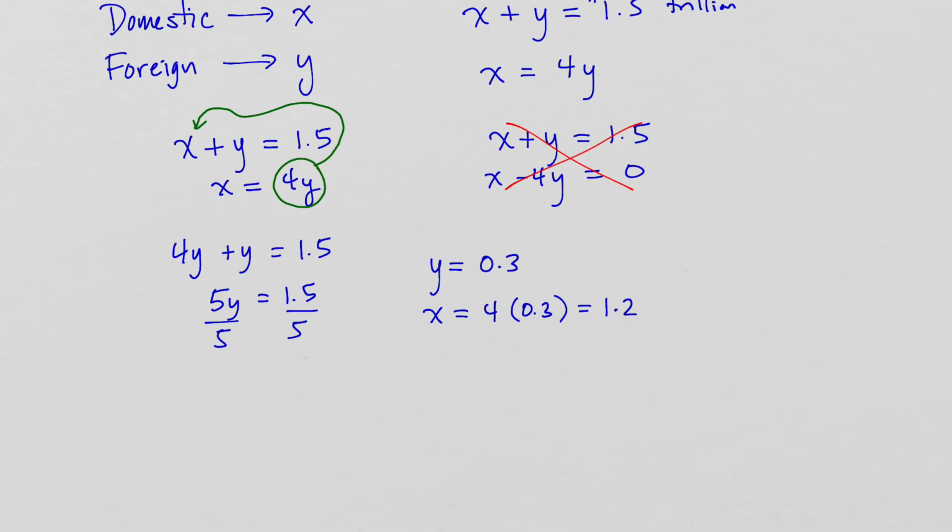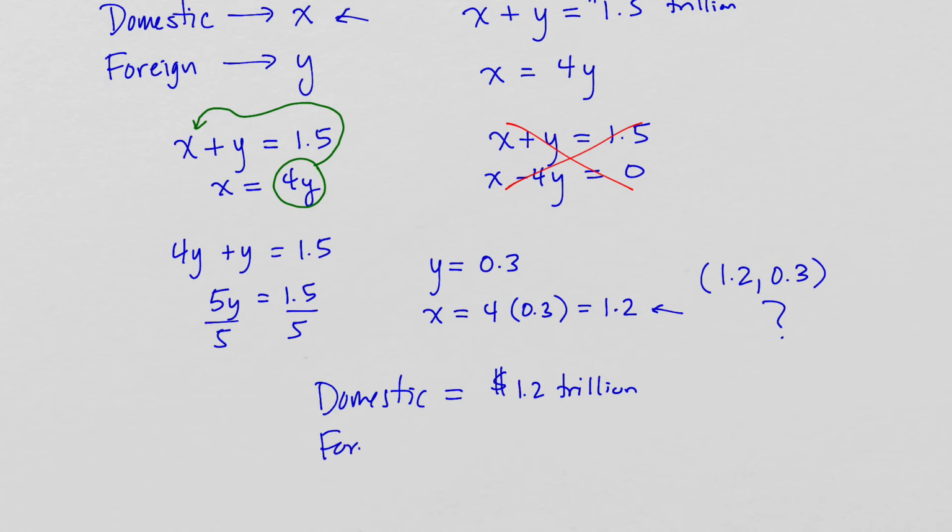So we have our solution. Now in this problem, it doesn't make as much sense to write the solution as an ordered pair, because what does that even mean, right? So what we know is that the domestic tourists, which is the X variable, brought in $1.2 trillion.